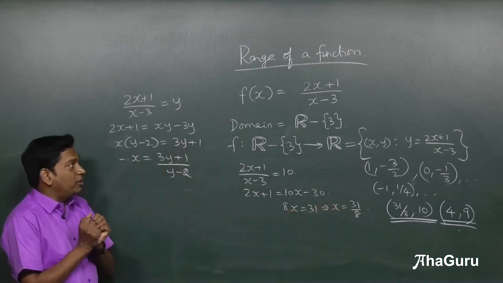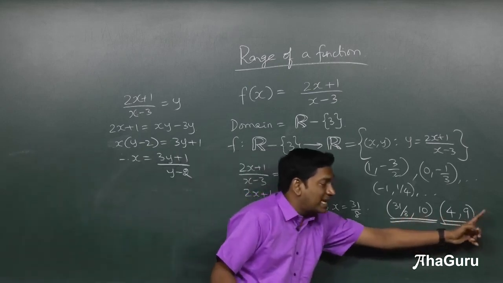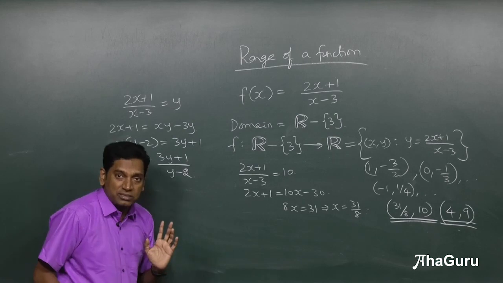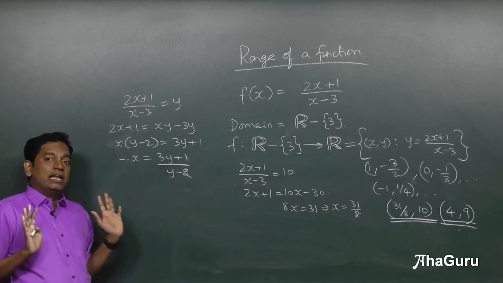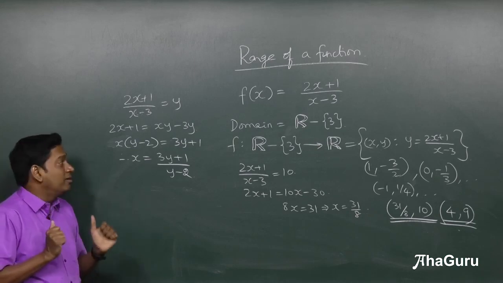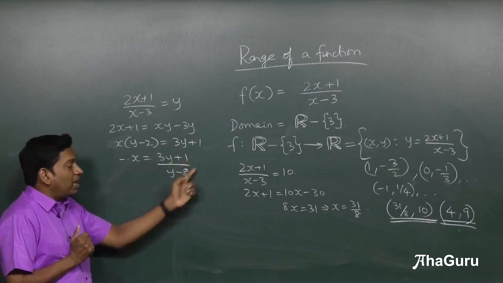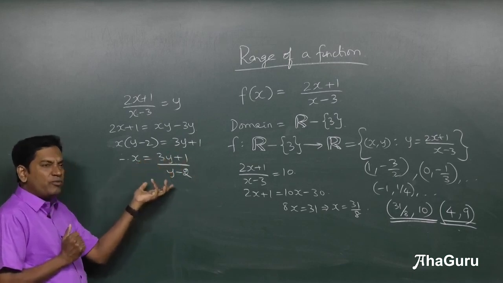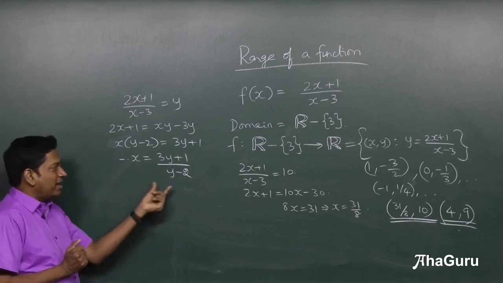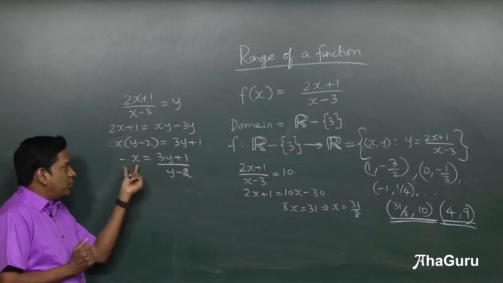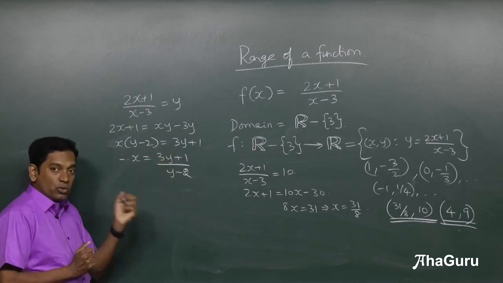The question when we want to find range is, what values are part of the second set? I don't care what the first number is. Is 10 allowed? Then okay, 10 is part of the range. Is 9 allowed? 9 is part of the range. What numbers are allowed? Well, you look at this and ask, what numbers can be allowed for y? Well, you put any real number for y, this should be fine, except there's one niggling problem where if you put y equals 2, it looks like there is no number for x that will satisfy this because it will become something by 0.